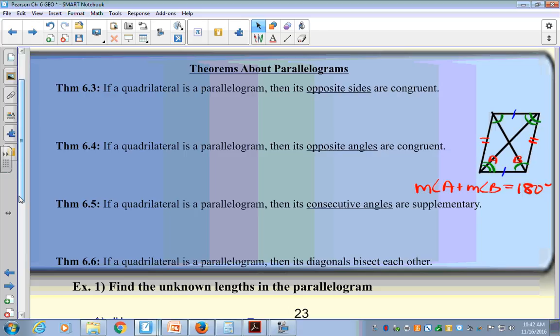And then last but not least, if it's a parallelogram, then our diagonals bisect each other. Now this is going to get crazy, so I'm going to eliminate A and B so that you can see the diagram. So what happens when the diagonal is cut in half?